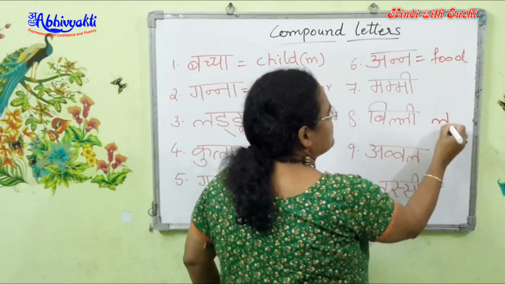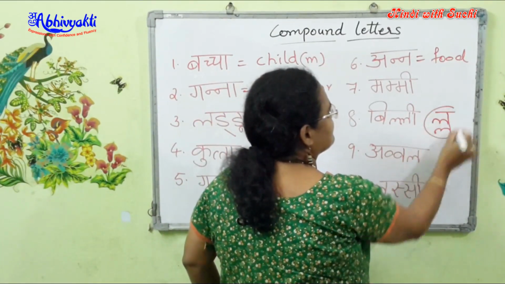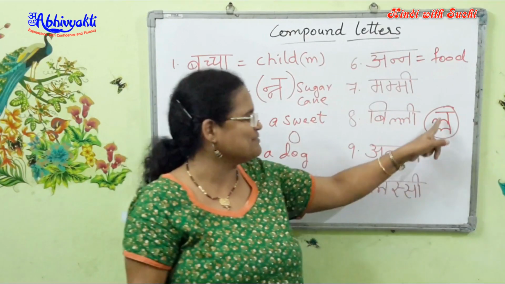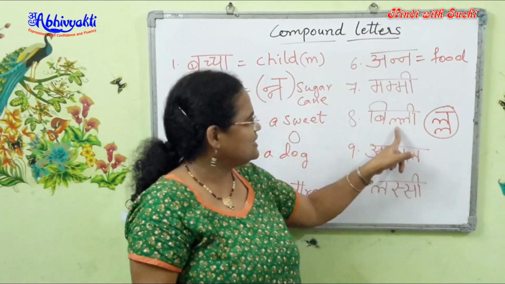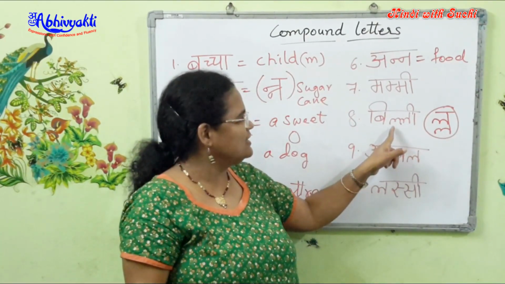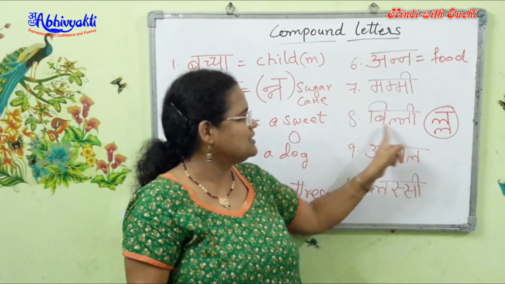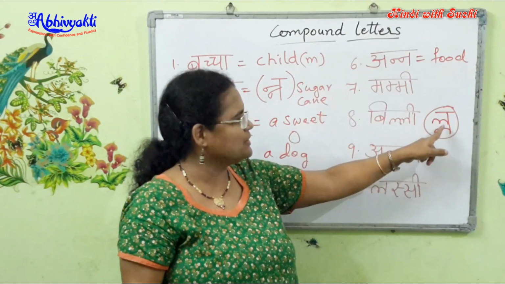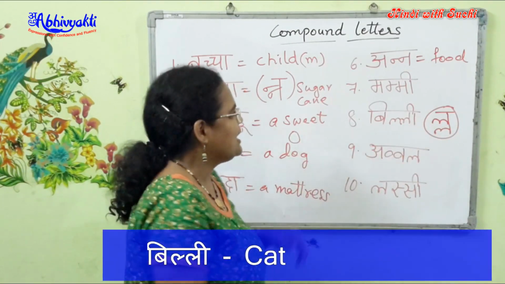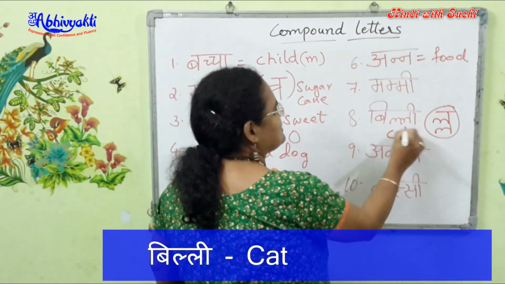There is one more way of doing it. The old way of doing it is one below the other, but you can just write l without the stem and join it to the next l. And this is billi. You can do it like this also. You have a choice there. And billi means a cat.